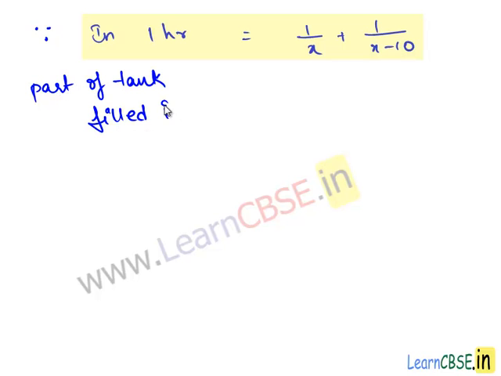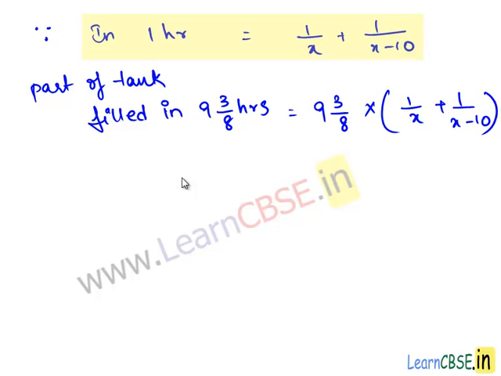filled in 9 3 by 8 hours is equal to 9 3 by 8 multiplied by 1 by x plus 1 by x minus 10.